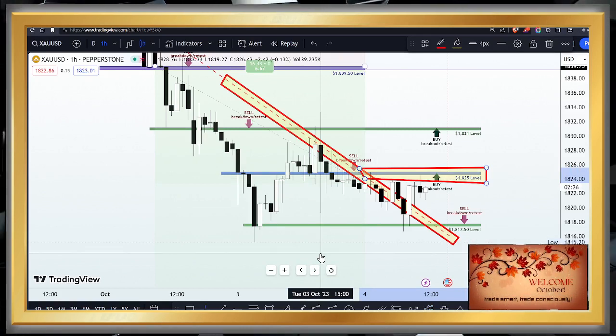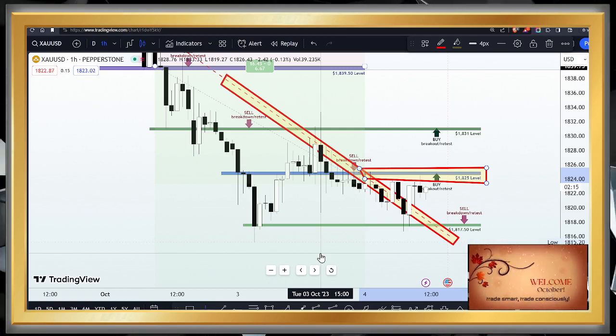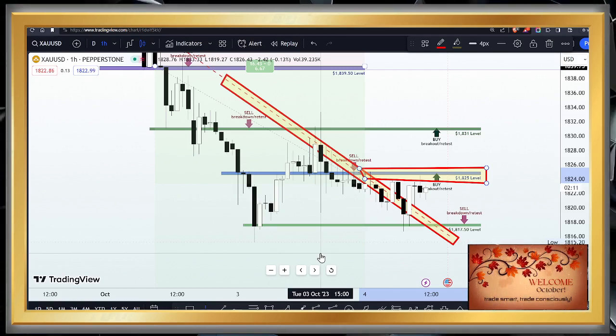Now, there are two ways to which we can capitalize on this move. Now, for those who have been profitable since the beginning of the week, that is, if you had been part of this profitable journey on this platform, well, you can afford to leverage on some of the profit you have made so far this week and place a buy stop order anywhere above the 1,825 level.